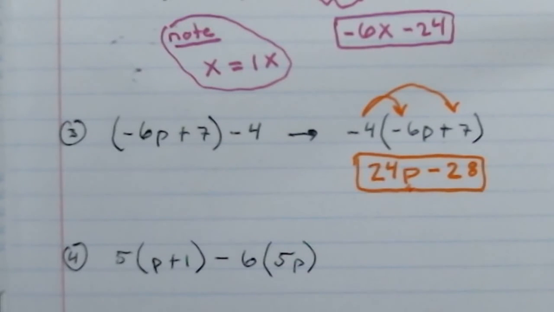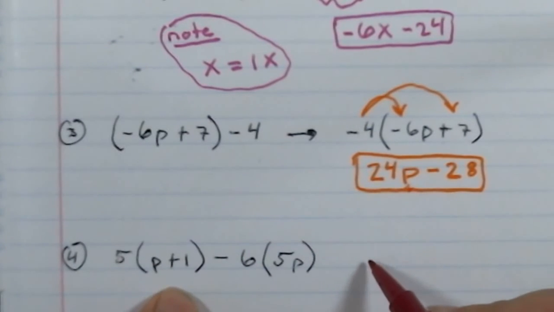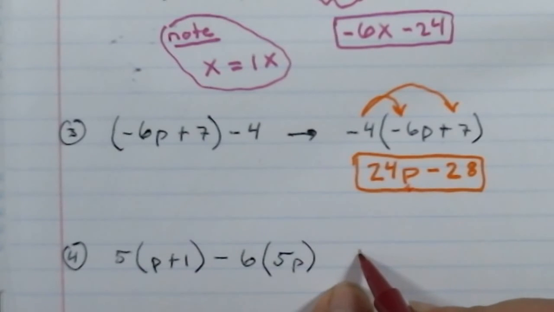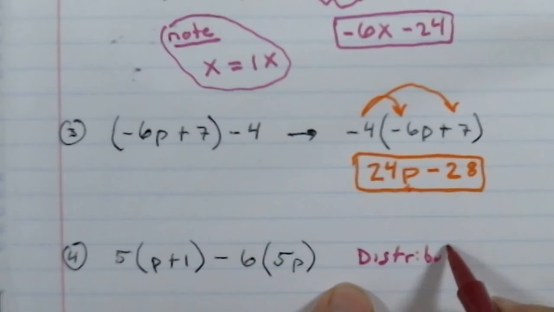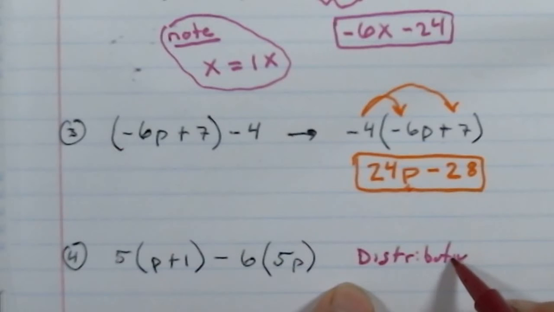Okay, so what are we going to do here? Well, I hope that you recognize that we're going to distribute twice. Let me make a quick note here: distribute twice.